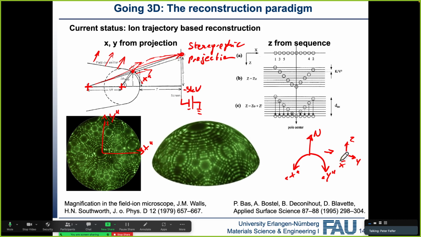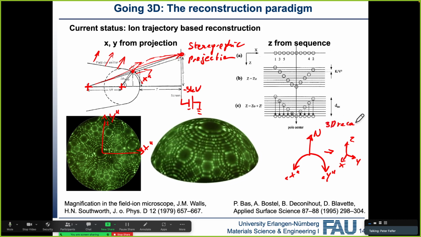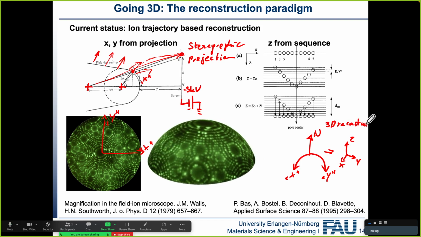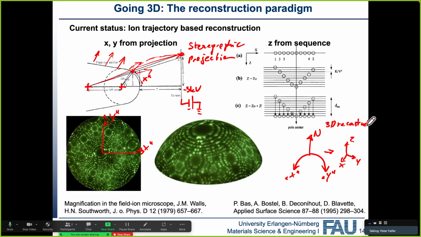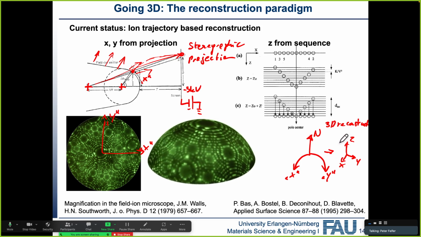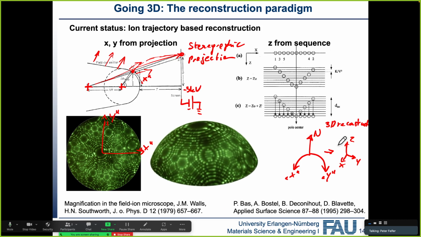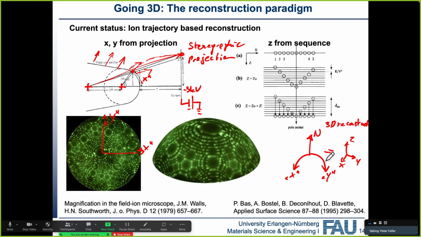And this is very often what we call the 3D reconstruction. The 3D reconstruction is a very important part of atom probe tomography, and we'll talk about that separately when we talk about data analysis.